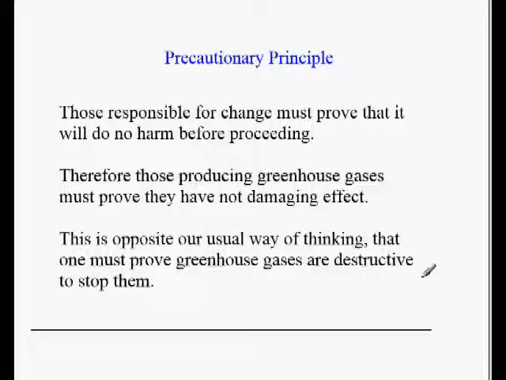Therefore, let's talk about global warming and greenhouse gases. Suppose you are producing greenhouse gases, you must first prove they will not have a damaging effect. And this is very opposite of the way we normally think. Now, a number of years ago, there was a big agreement signed by, I can't remember, like 100 countries or something, called the Kyoto Protocols, and it was an agreement to limit the amount of greenhouse gases, right?